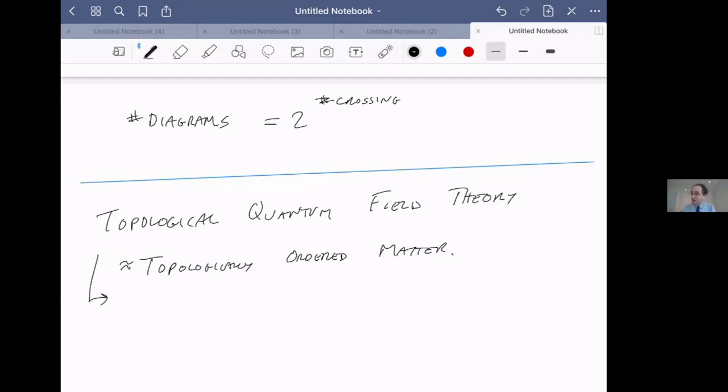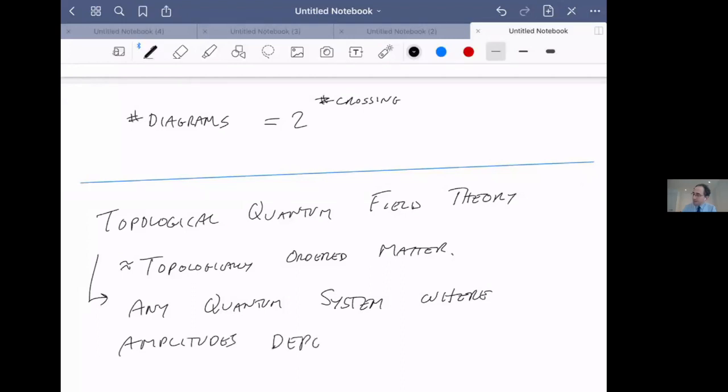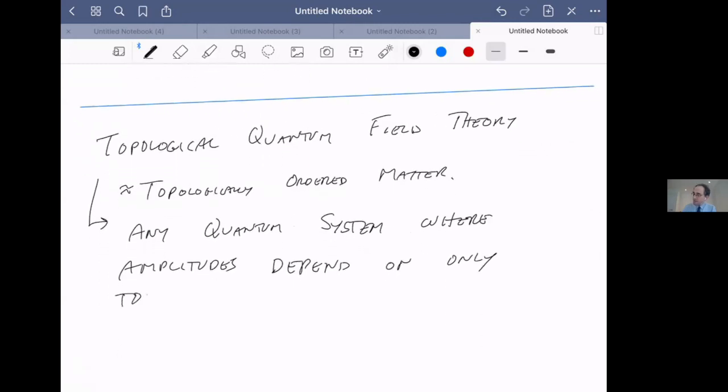A topological quantum field theory is a QFT, or any quantum system, where amplitudes depend only on topology, not on geometry. That's an important statement, so I've written it out. Topological quantum field theory is a quantum system where amplitudes depend only on topology, not on geometry.